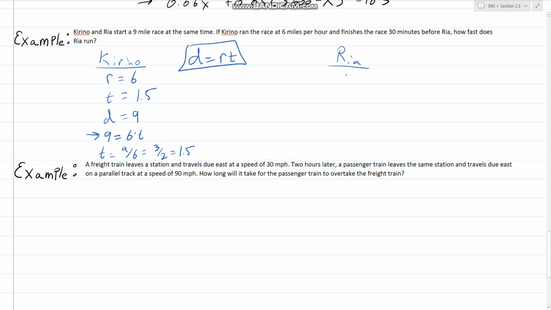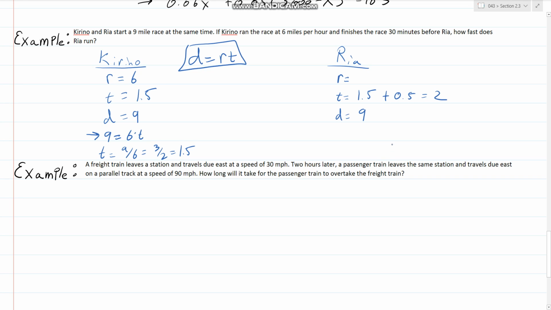Okay. Now, what do I know about Ria and this race? Let's find out. I know that Ria finished 30 minutes after Carino. I know that that must be true. I also know that this is a 9-mile race. Okay, so 1.5 hours plus 30 minutes, which is 0.5, comes to 2 hours.